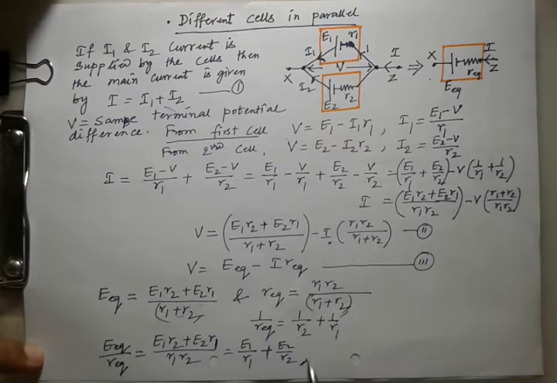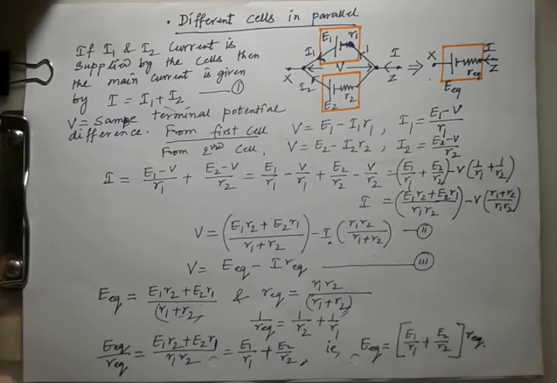Or you can say E equivalent is equal to E1 by R1 plus E2 by R2, into R equivalent. So these are the formulas.